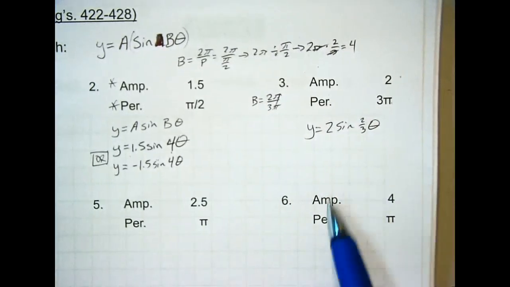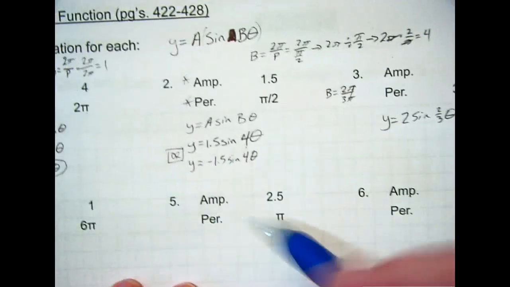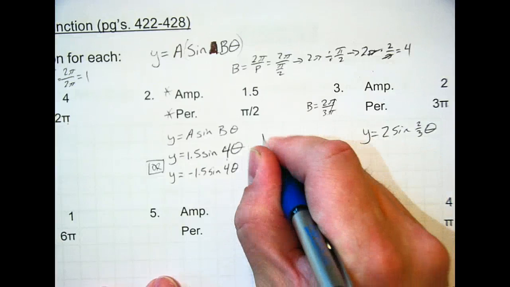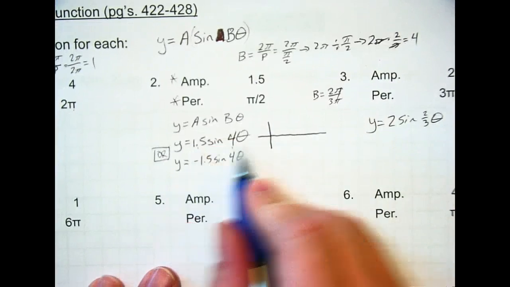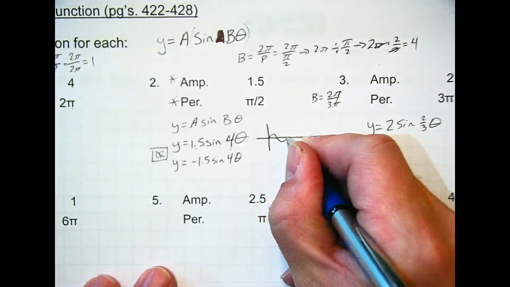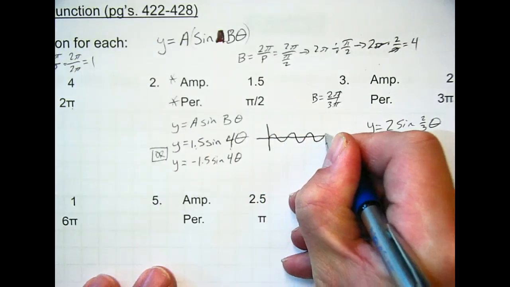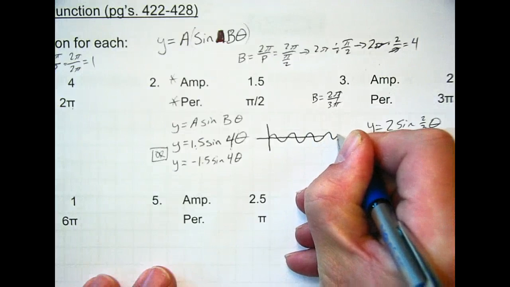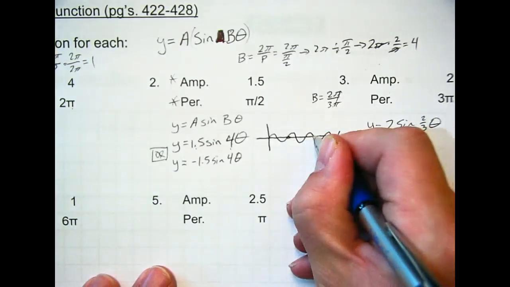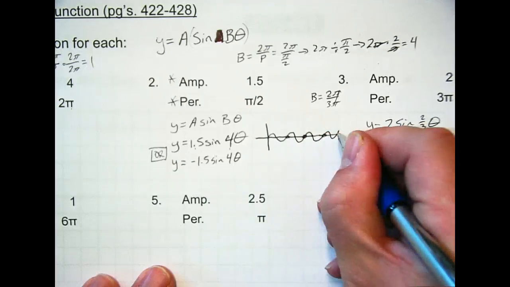Hey guys, let's make sure we understand what this means. If I go back to this picture, and I'm just going to focus on the positive one now. If I were to draw this picture, this would mean I'd see 4 cycles of this graph from 0 to 2 pi. So 1, 2, 3, and 4. Not amazing, but we've got 1 cycle, 2 cycles, 3 cycles, and our 4th cycle.